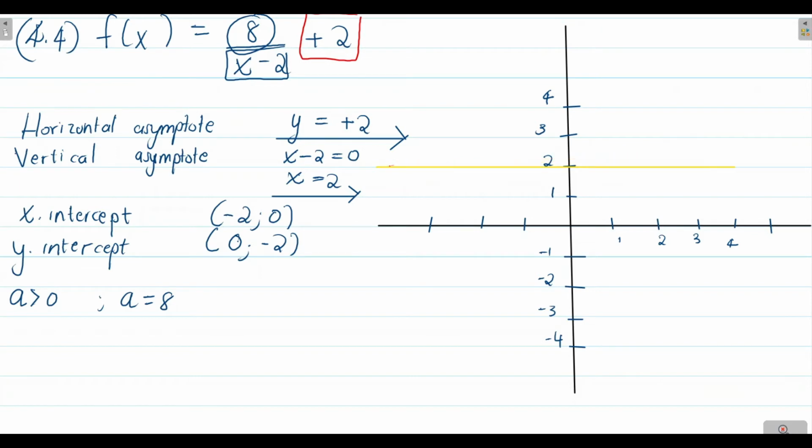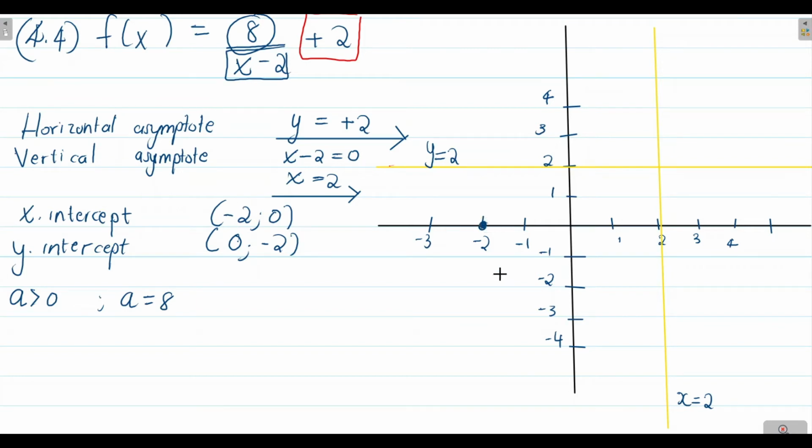Our vertical asymptote is x equal to 2. And we know that we've got an x-intercept of -2. When x is -2, y is 0, so that is there.